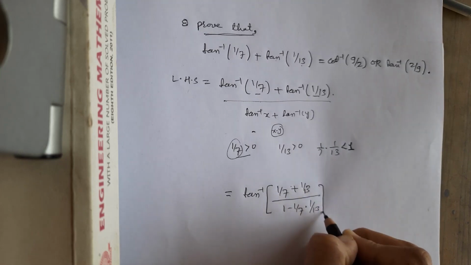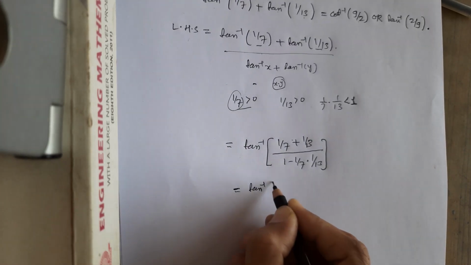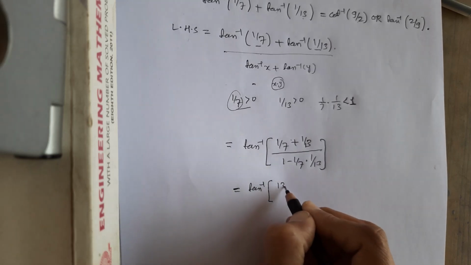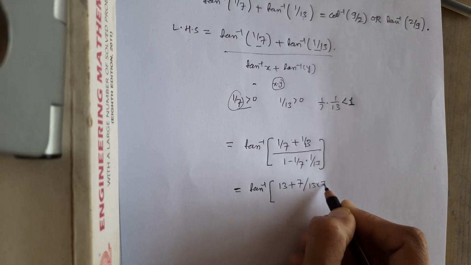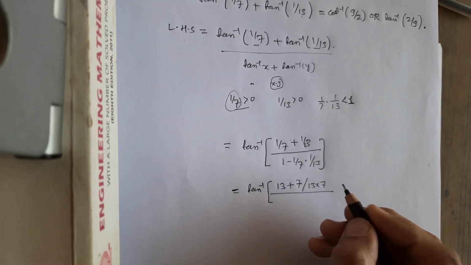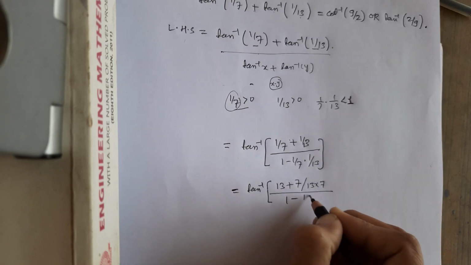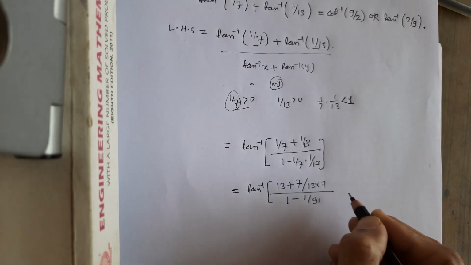Okay, so what will I get? Tan inverse of (13 plus 7) divided by 13 into 7, upon 1 minus 1 upon 13 into 7, which is 91.